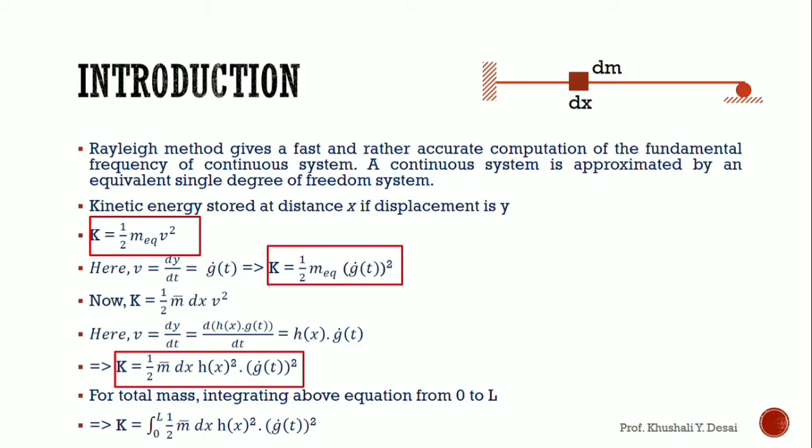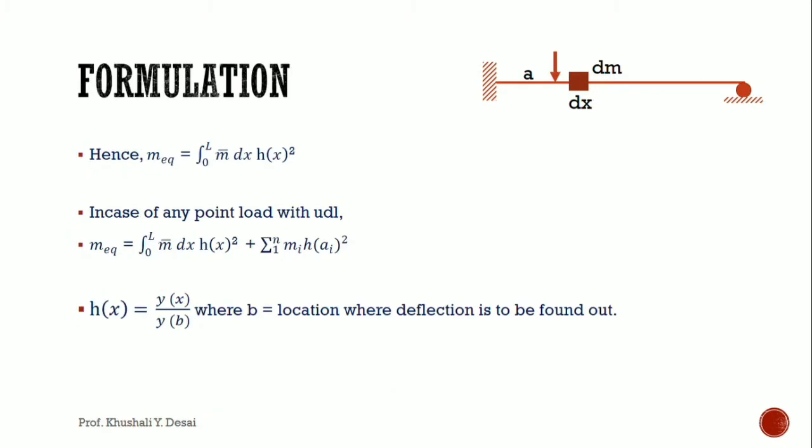So if we compare these two values of kinetic energy and integrate from 0 to L, I'll get my equivalent mass M_EQ. So it comes out to be the integration from 0 to L of m bar dx h of x square.